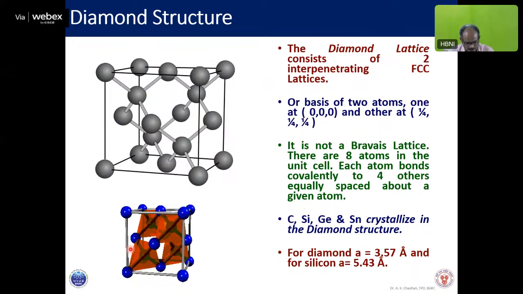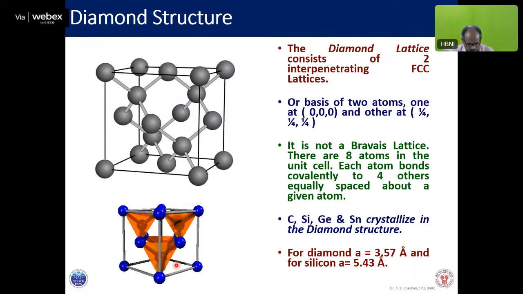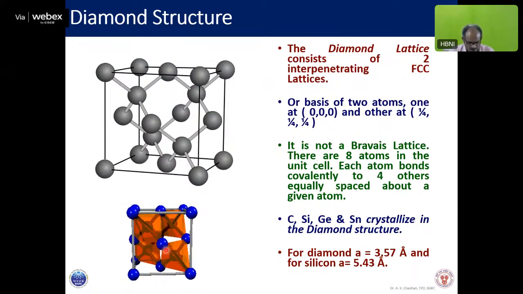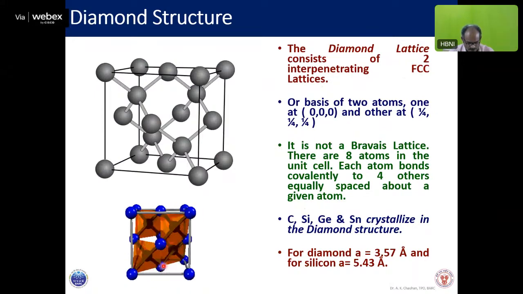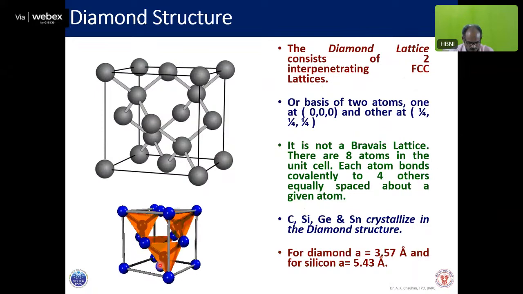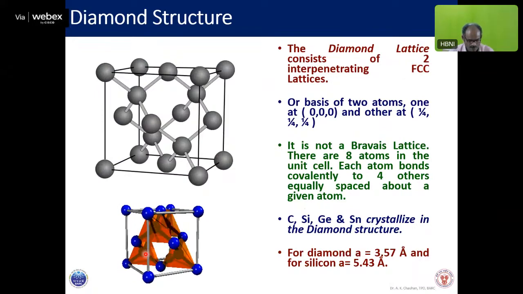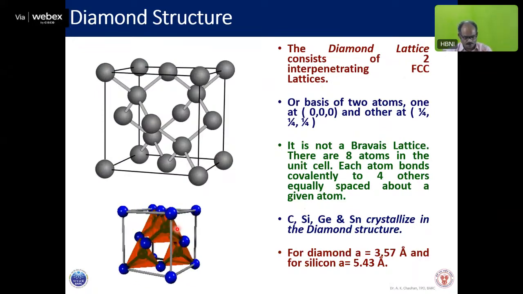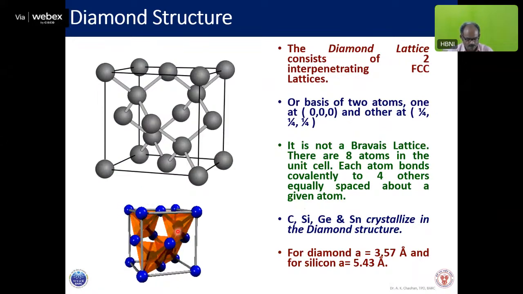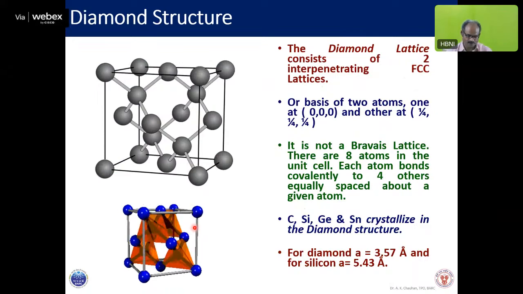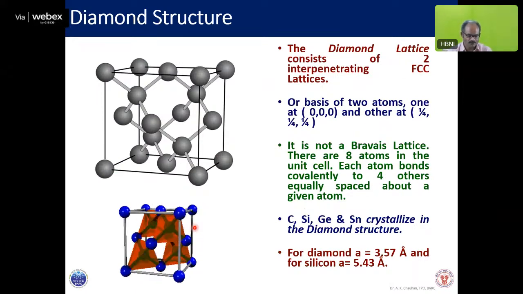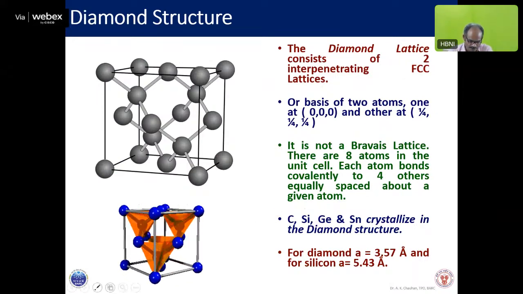If you see this carefully, there are actually 4 atoms, one, second, third, fourth, and there is another atom in between. Now this is just to show you, but when the atoms come together, there is no gap like this.